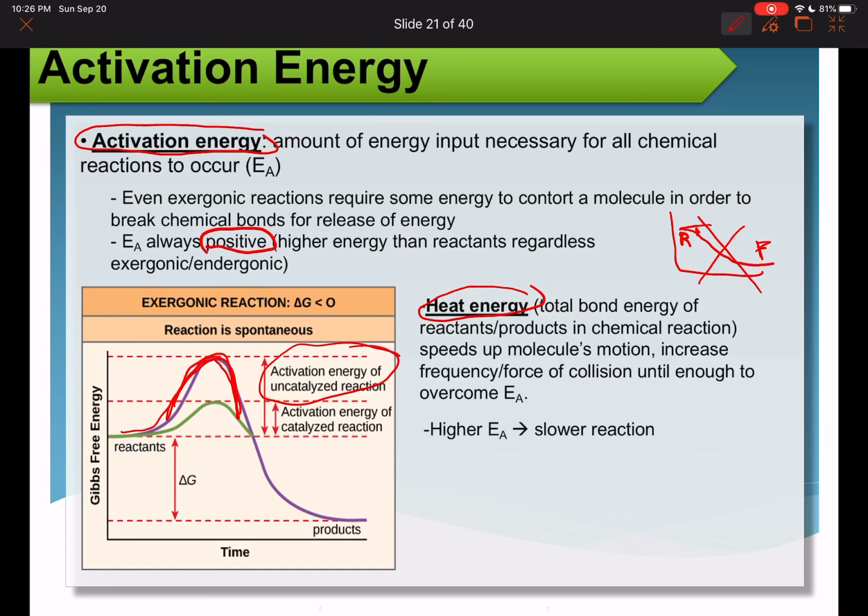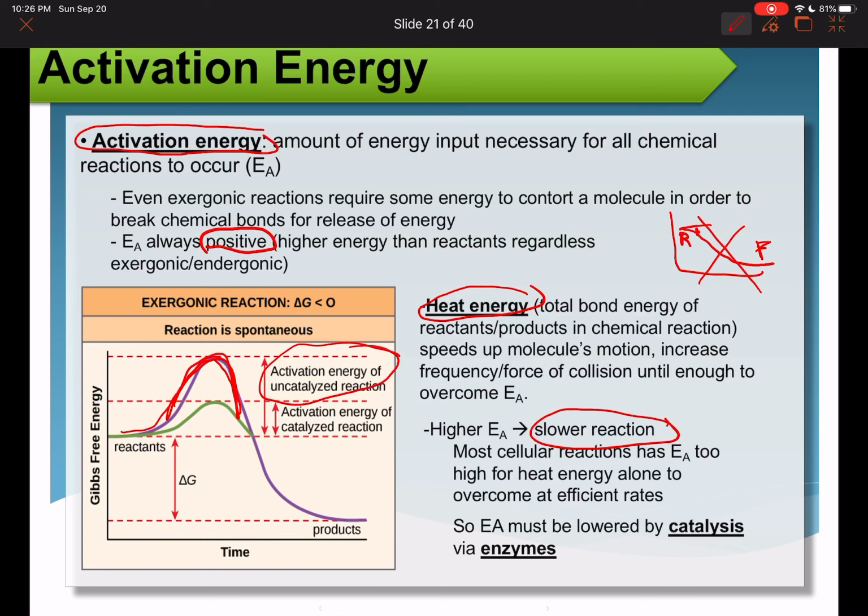And hence, the higher the activation energy value is, the bigger that hill the reaction has to hop over. Okay, and because of a bigger hill, that reaction will be a slower reaction. The bigger the hill is from reactants to the top of the hill, the slower the reaction will be. Okay. And most cellular reactions actually have activation energies that are too high for heat energy alone to overcome at efficient rates.